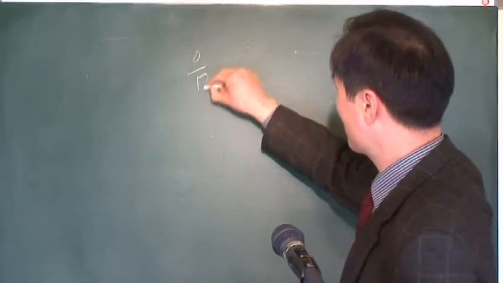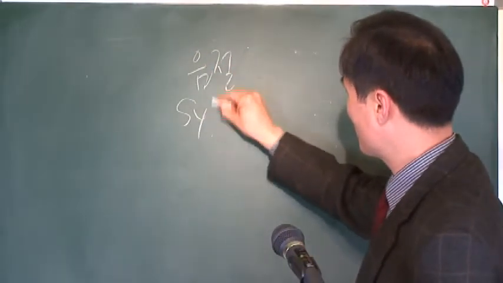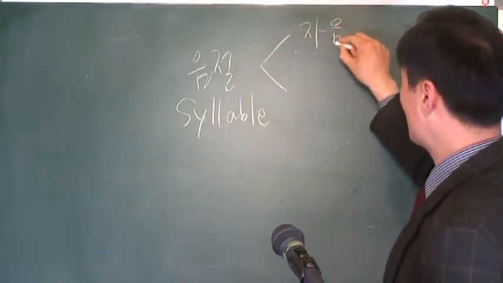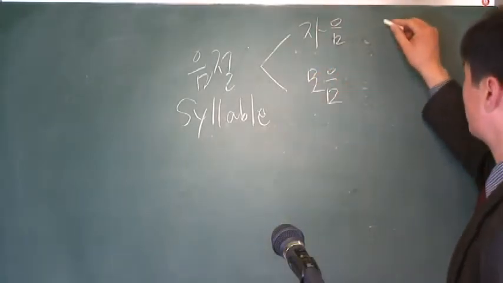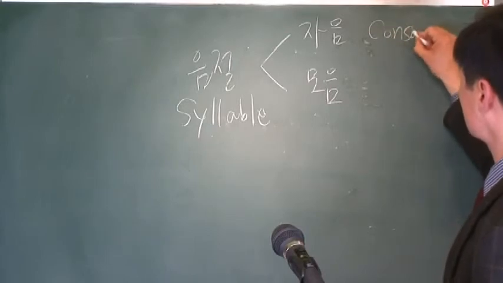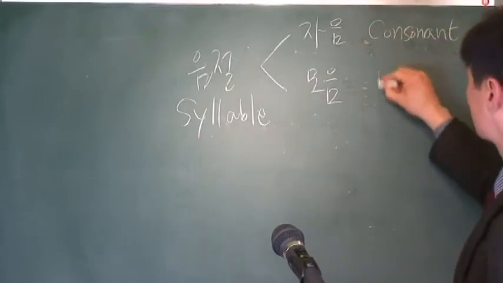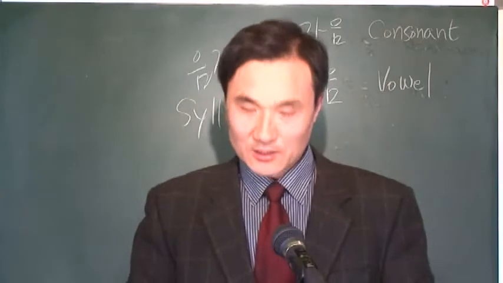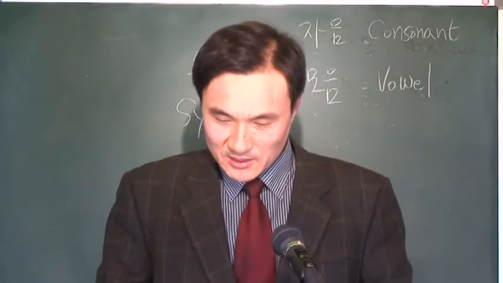The Hebrew consonants and vowels form one element of Hebrew syllables. In Hebrew, the syllables are separated into consonants and vowels. The Hebrew consonants and vowels come together and they form closed syllables and open syllables.